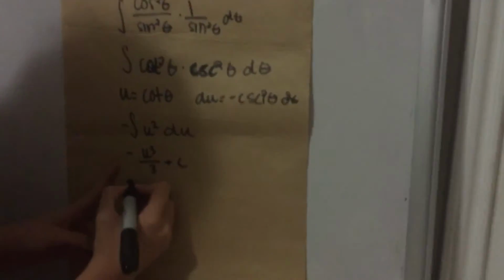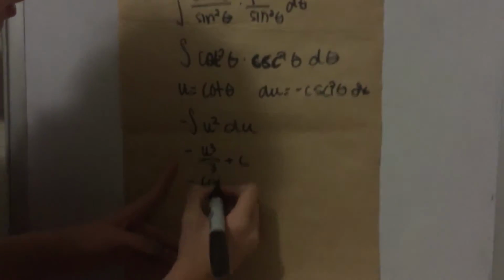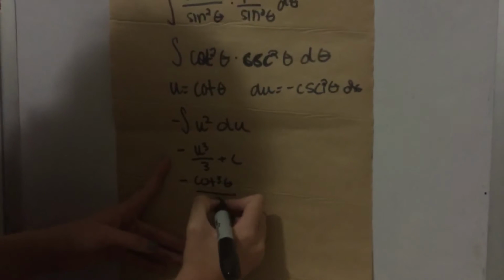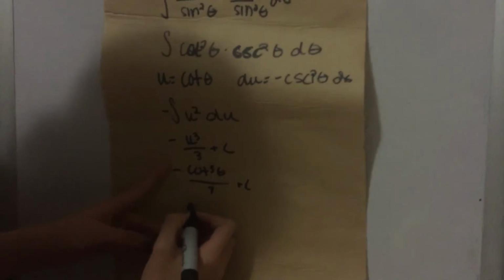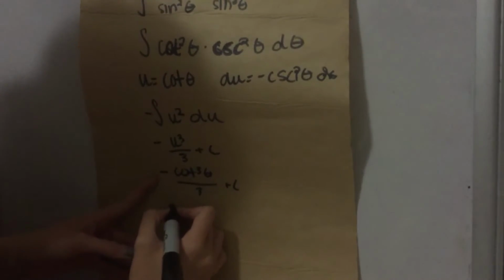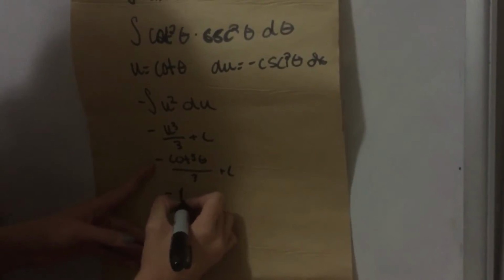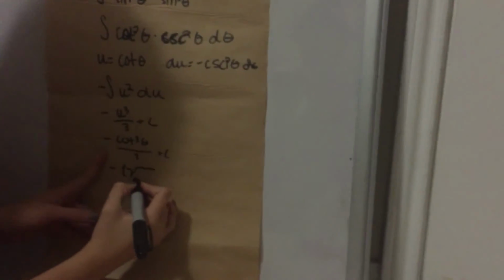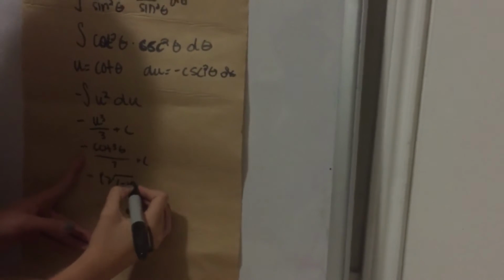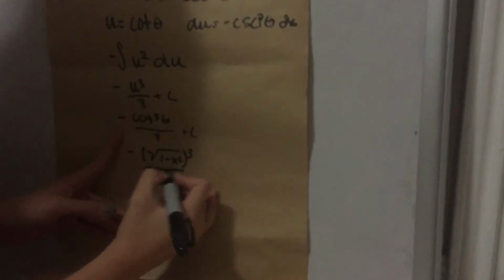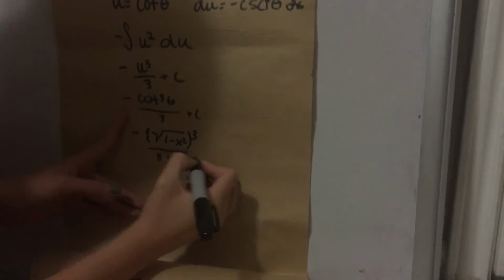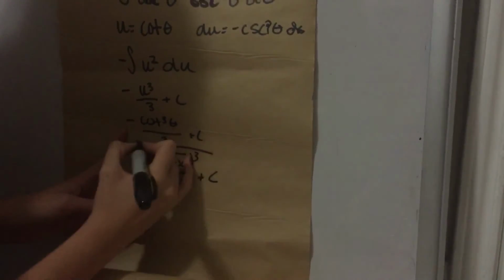So then we plug this in, so it's negative cotangent cubed theta divided by 3 plus c, which is equal to negative, and then our problem would look like this. This over this is cotangent, so it's going to be the square root of 1 minus x squared, cubed over 3x cubed plus c. And that is your final answer.